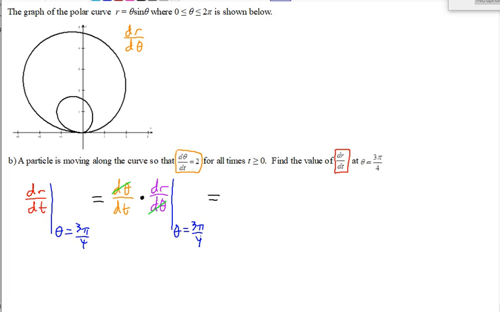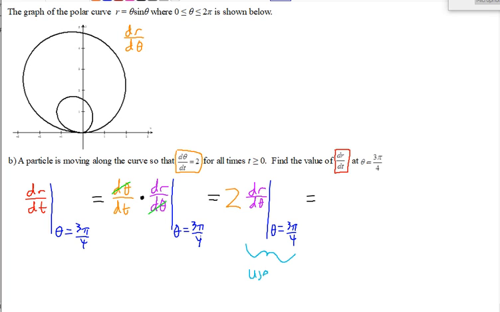So this is going to be, remember d theta dt is just 2, so it will be 2 times dr d theta, specifically at theta equals 3 pi over 4. So I'll just put a little note here for when you look back at your notes here.